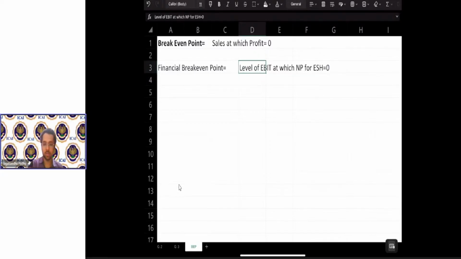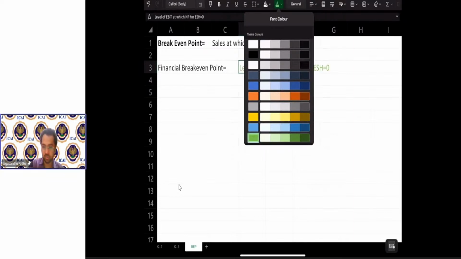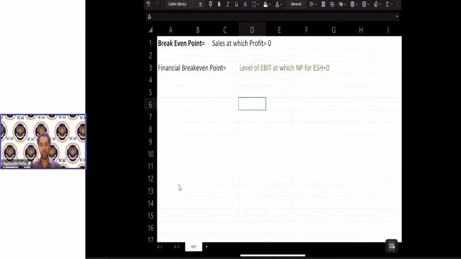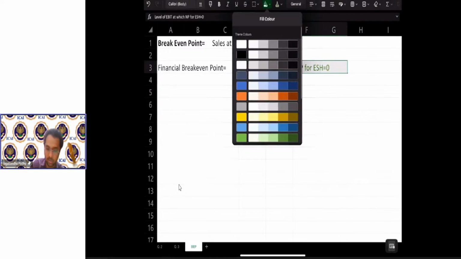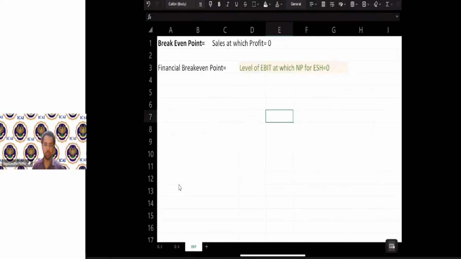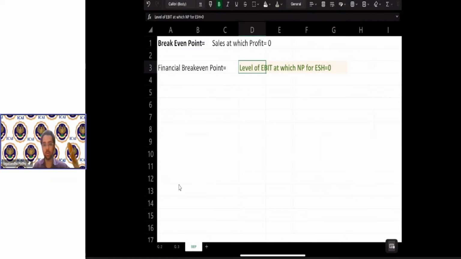To understand this simple concept, the level of EBIT at which your net profit for equity shareholders is zero.